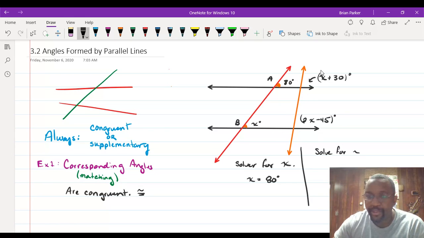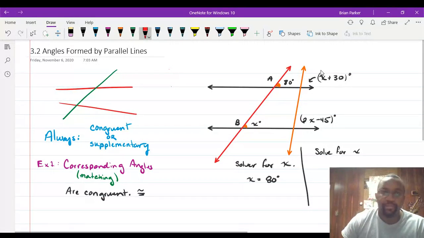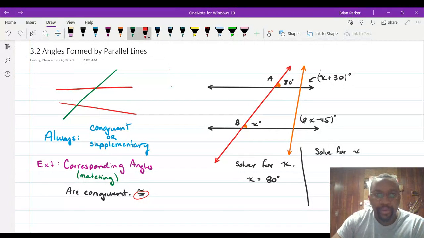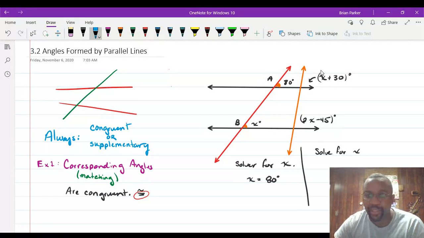So what are we going to do this time? Since they're congruent, that means the measures of these angles will be equal. Just like I did here, I'm going to say the exact same thing, just slightly more complicated: 2x minus 45 is equivalent to x plus 30.